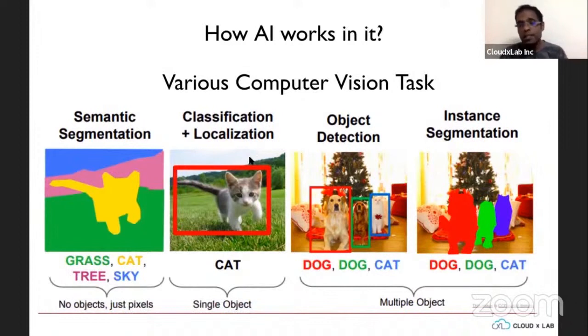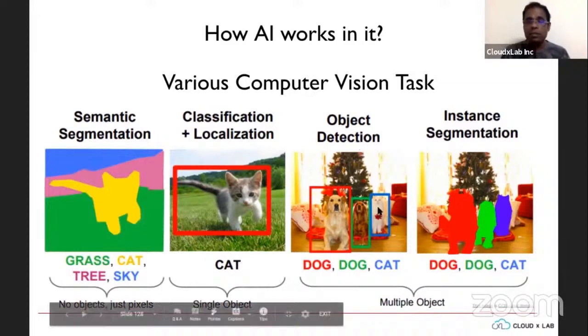The next kind of problem is object detection, where you would not have one item but multiple items to identify. For example, in this particular case there are 2 dogs and 1 cat, and you want to identify them and have bounding boxes that capture both of them.